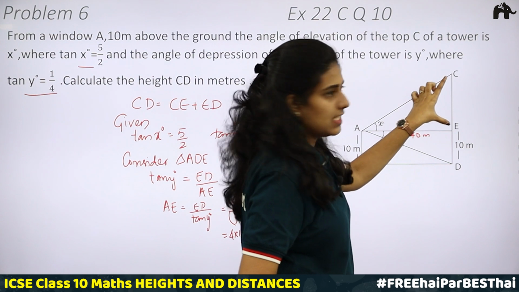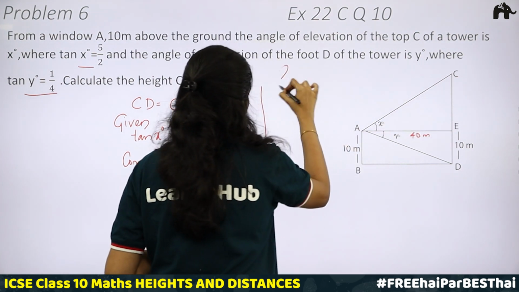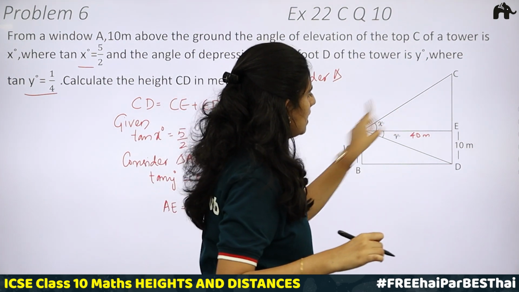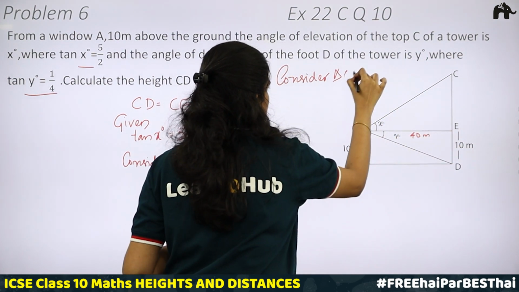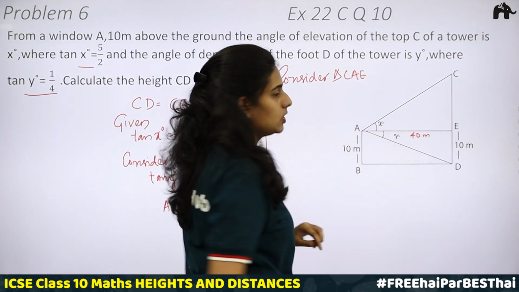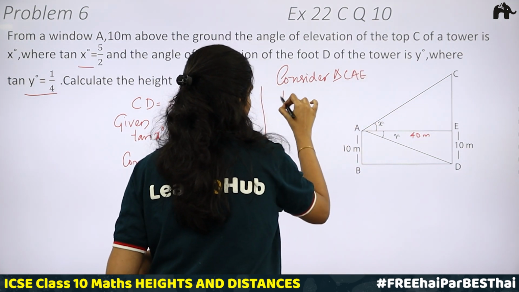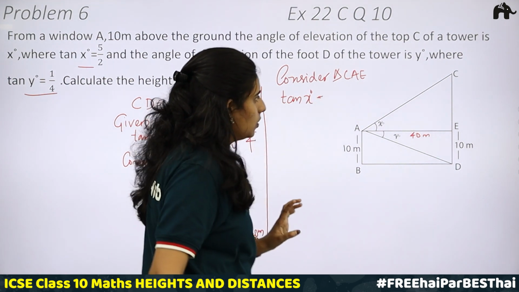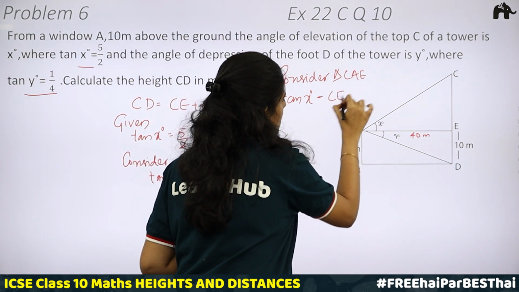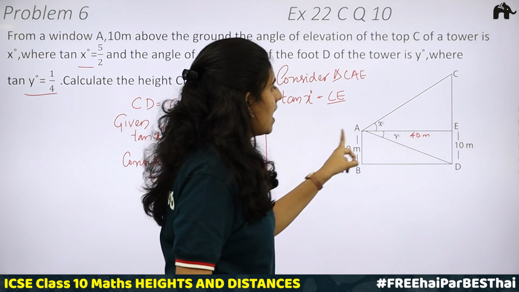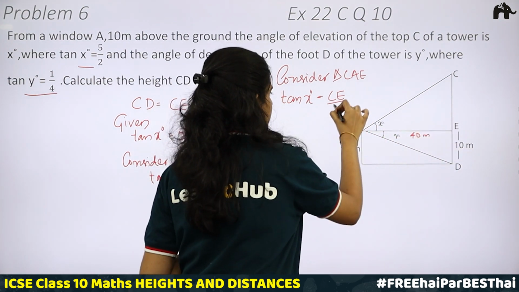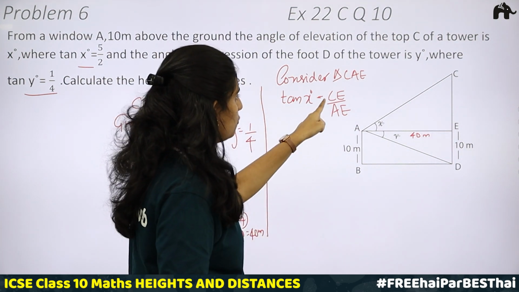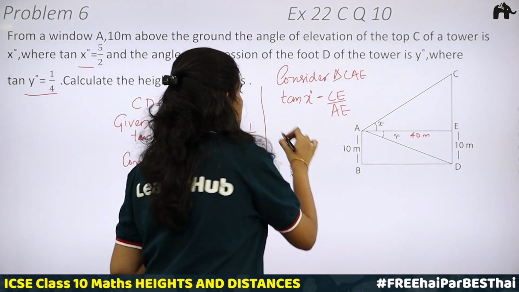Now in order to find CE, we have to consider triangle CAE. In triangle CAE, we will be having tan x degree is equal to opposite side CE divided by adjacent side AE. Put the values. We need to find CE.